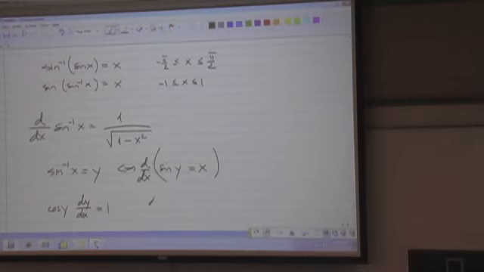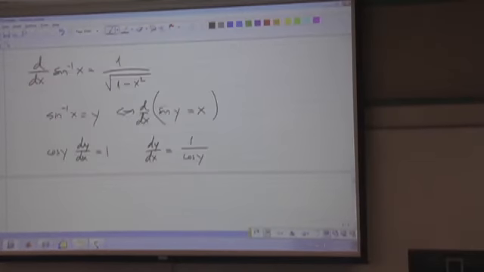So dy over dx is equal to 1 over cosine of y, right? So technically the derivative of sine inverse of x is 1 over cosine of sine inverse of x. Well, it doesn't look very nice, right?